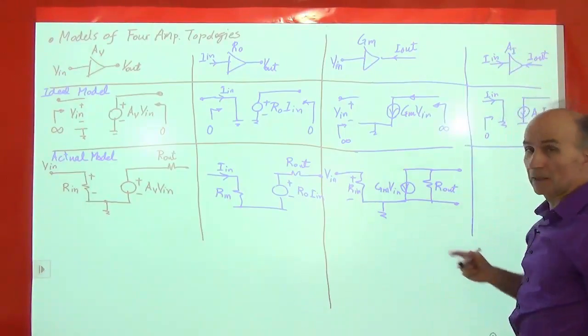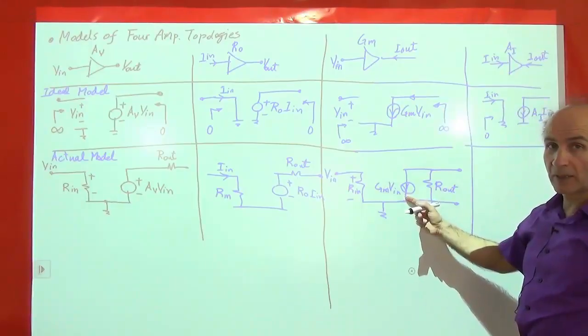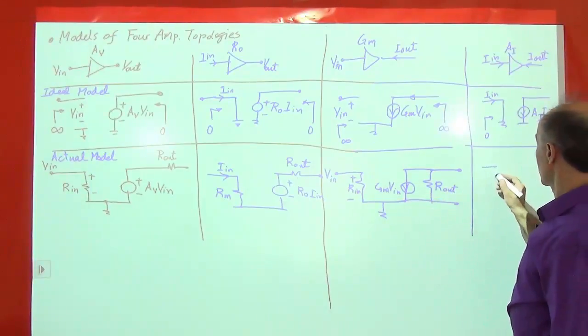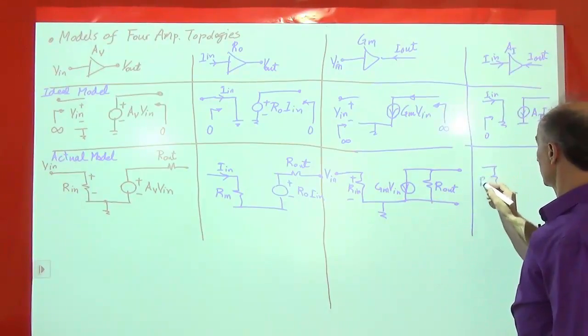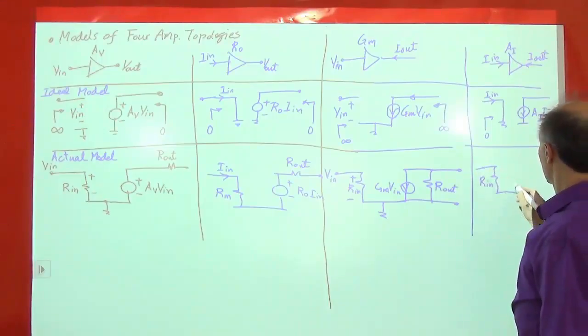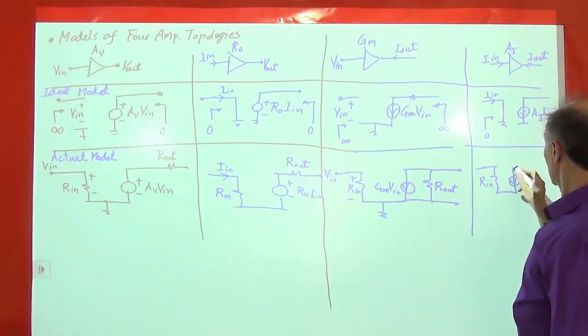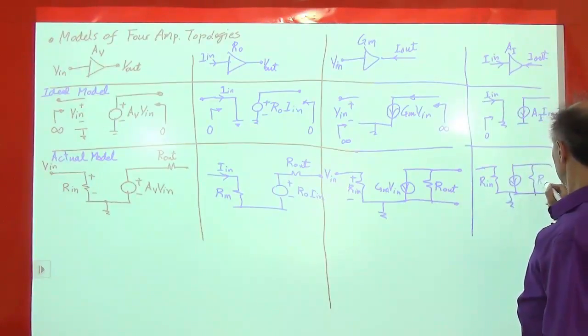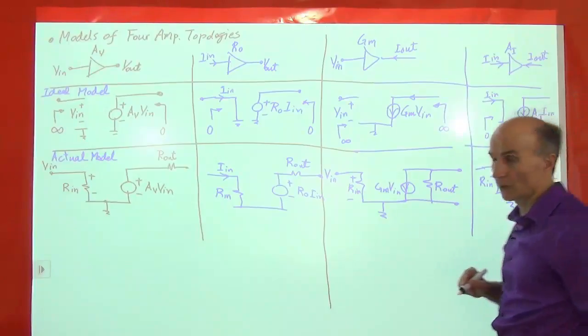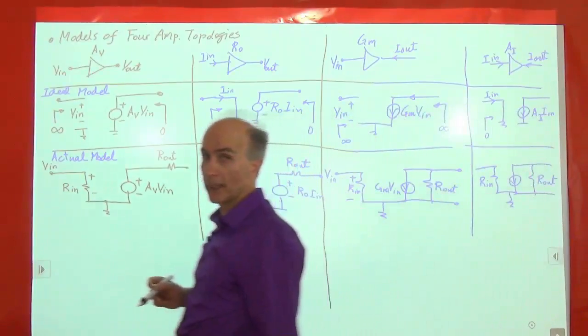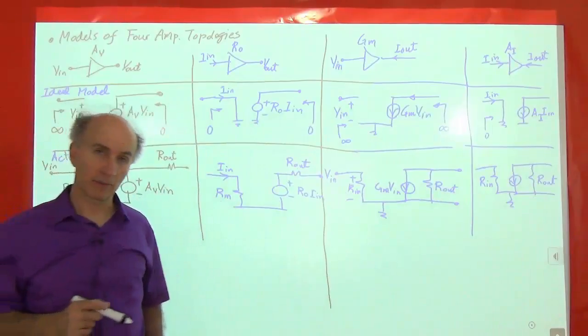And again, in the non-ideal case, the input impedance will not be 0. So there is some finite resistance here. And then the output impedance will not be infinity. So there is a finite impedance here. Okay, so these are all the models that we have for these 4 amplifiers.